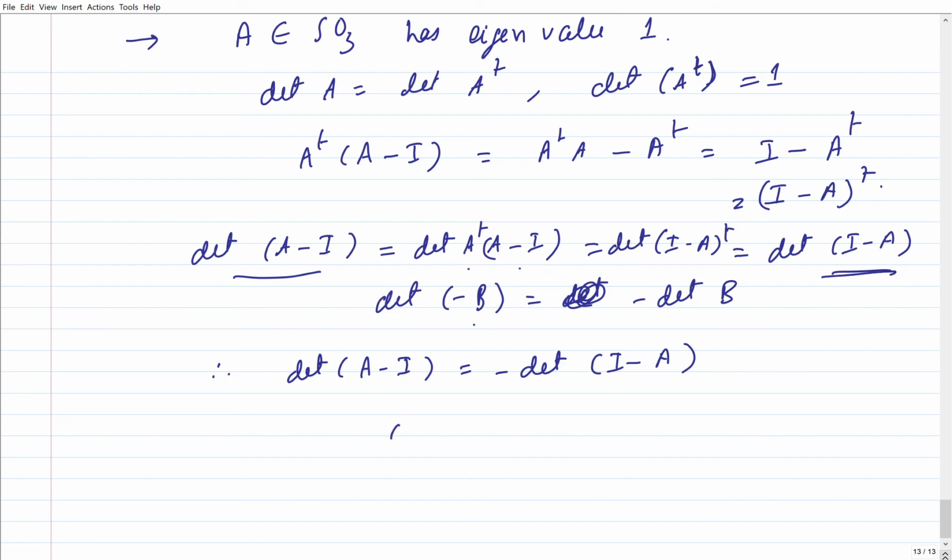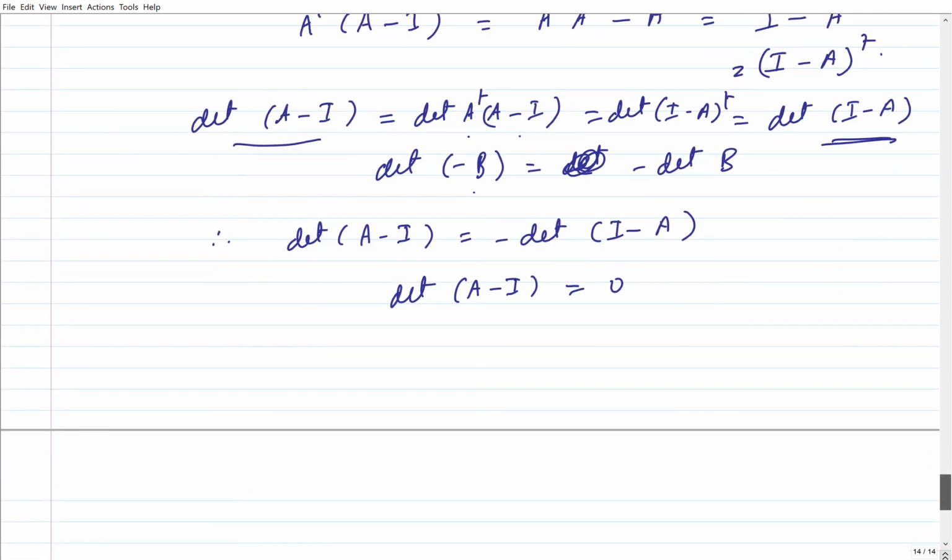So the only way that is possible is if the determinant of A minus I is 0. So essentially, from our characteristic polynomial arguments, I note that 1 is an eigenvalue. And that tells me that there is an eigenvector that gets fixed by this sort of a matrix. So then we are done.